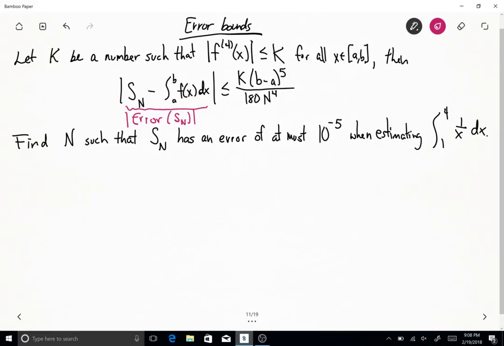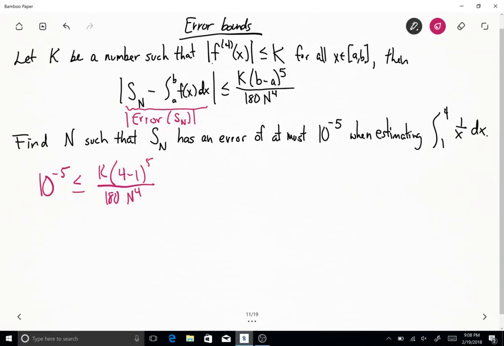So in our case, we want 10 to the negative fifth to be our estimation. We have less than or equal to, and we're looking for k. Our b and our a are given in our interval, so we have 4 minus 1 raised to the fifth power, and then 180 and n to the fourth. So we need to find k.